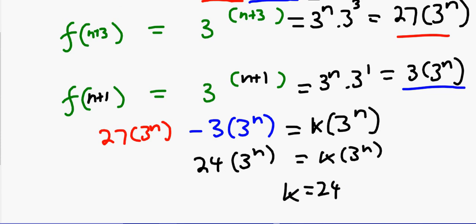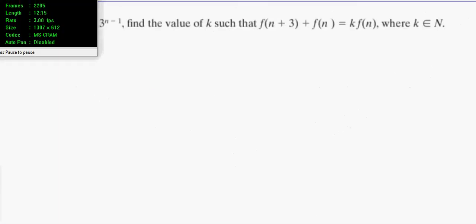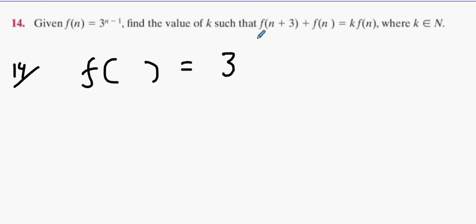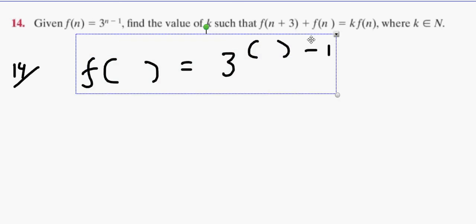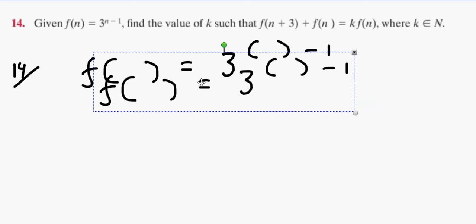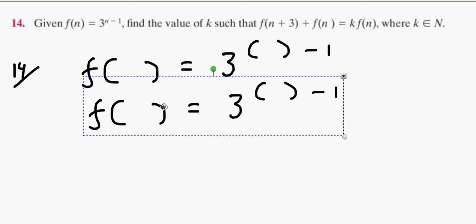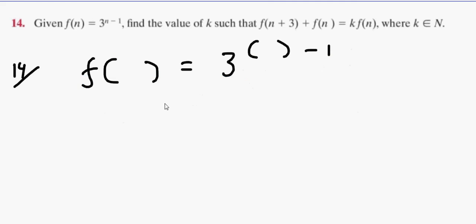Right, will you guys try 14 now? I'll do it here. Question 14. F blank equals 3 to the power of blank, take away 1. Alright, I'm going to find out what n plus 3 is.